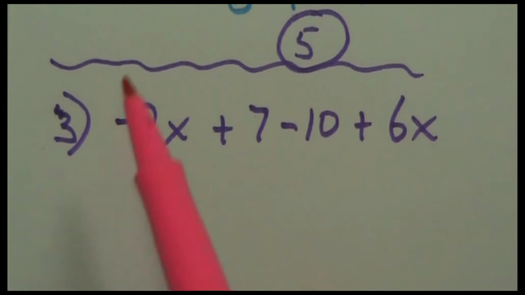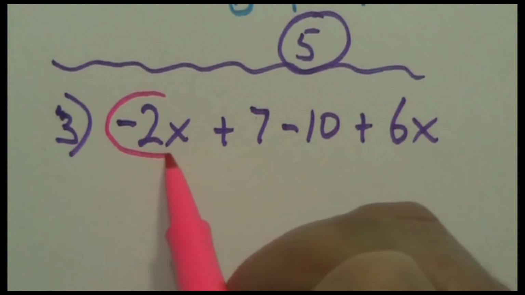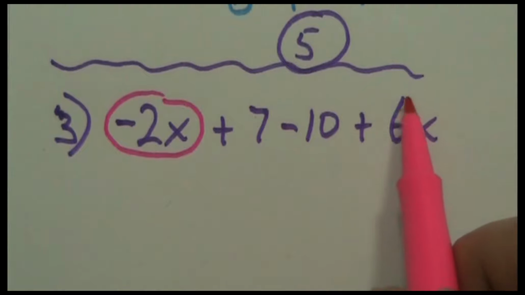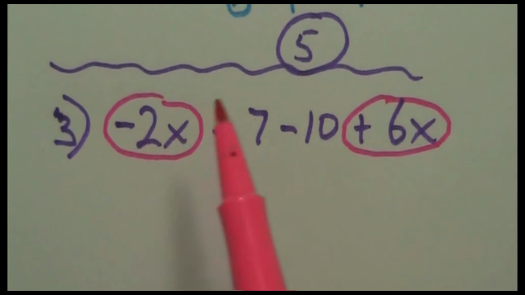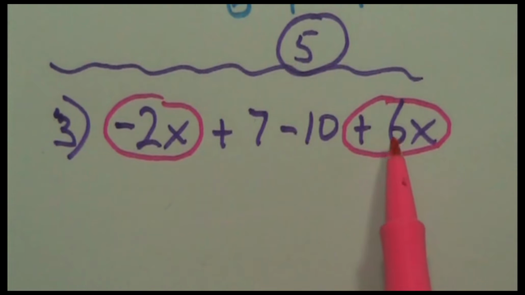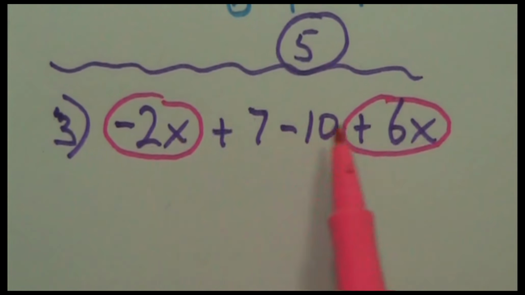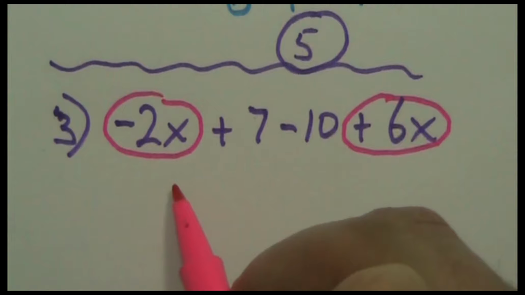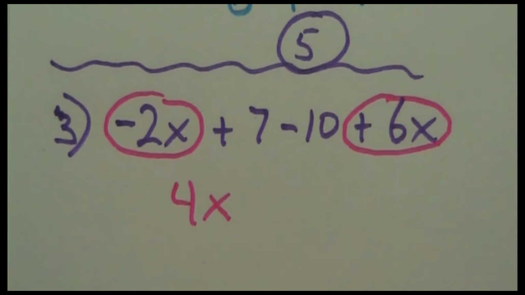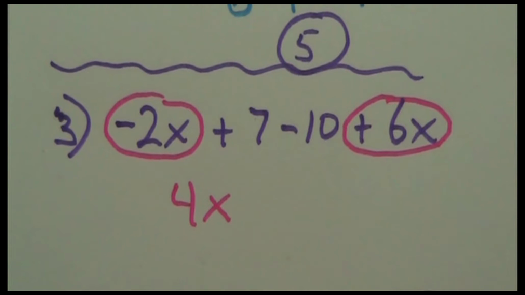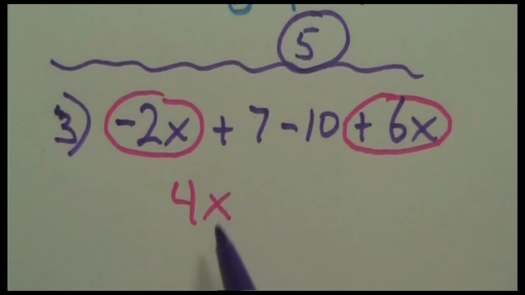I have negative 2x and I have a positive 6x. 2 negatives and 6 positives. Well, there's going to be more positives. They cancel out. Should be 4x, right? We're just counting positives and negatives.